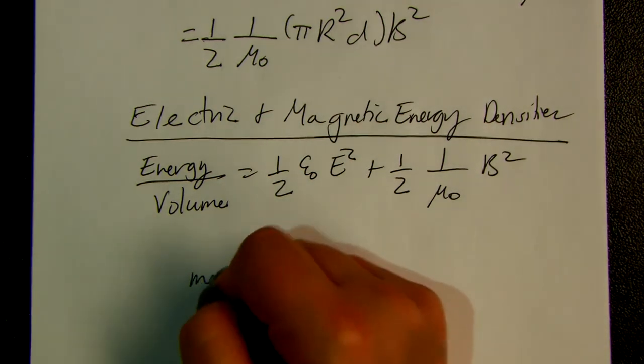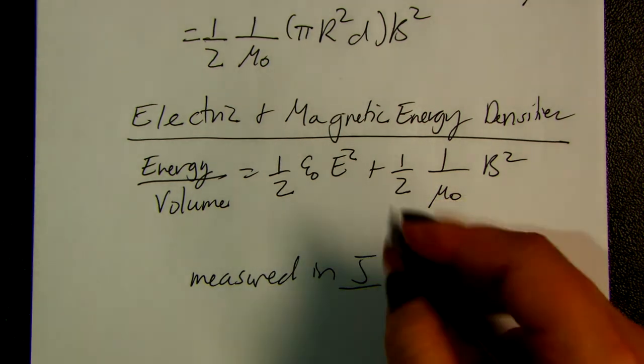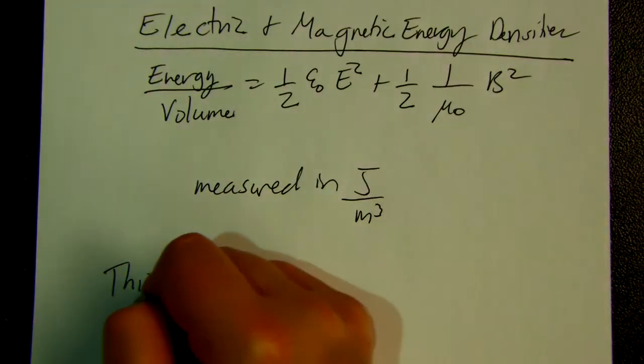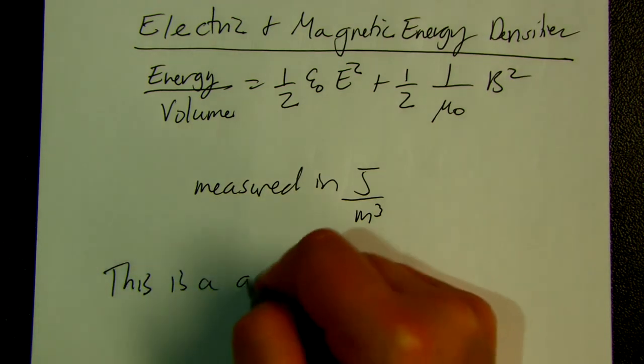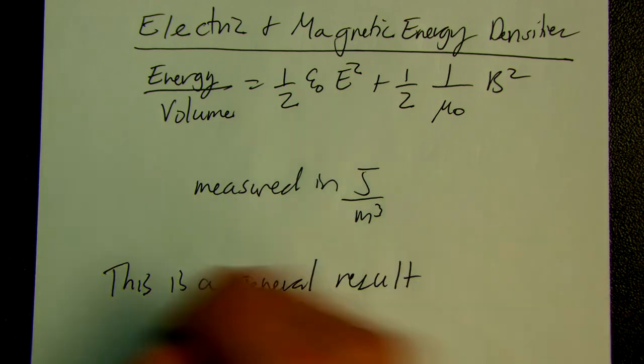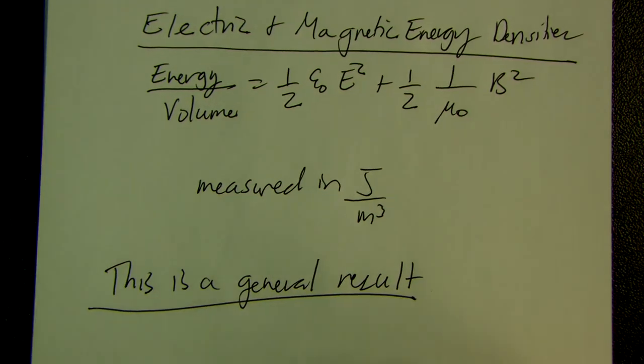And it is measured in joules per meter cubed. This is a general result, and actually a very important equation. You do a lot of fun stuff with this equation in electromagnetism. You see it a little bit in optics, but it's all kinds of cool.